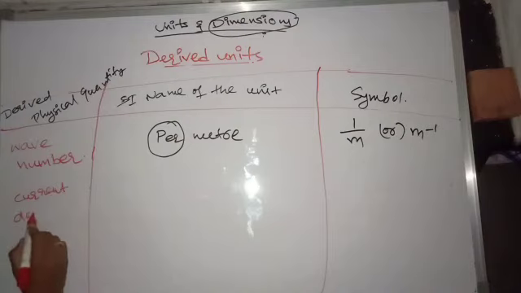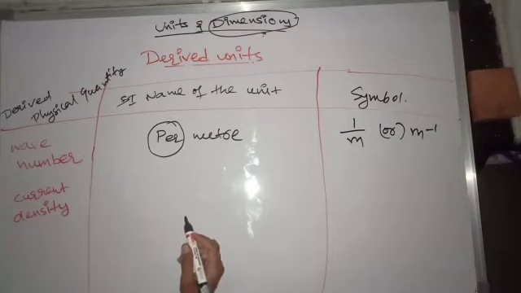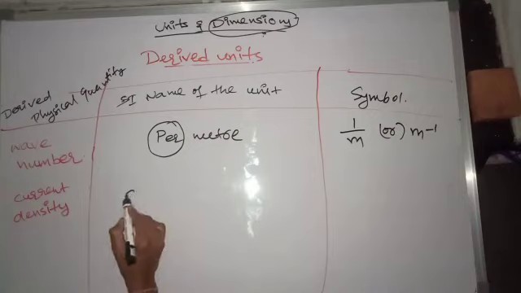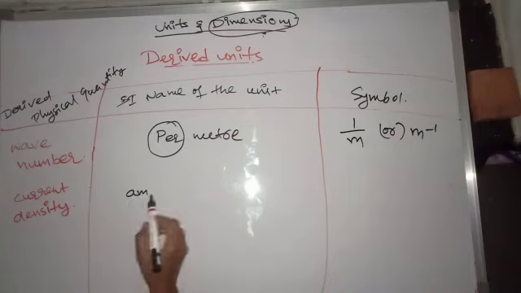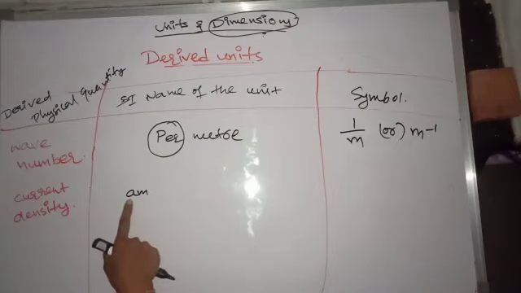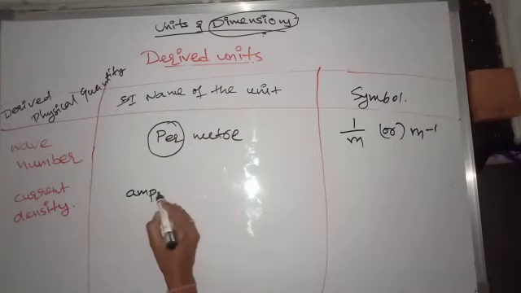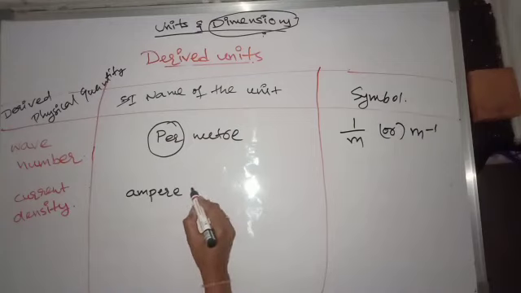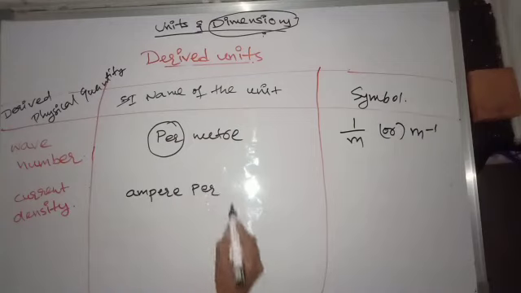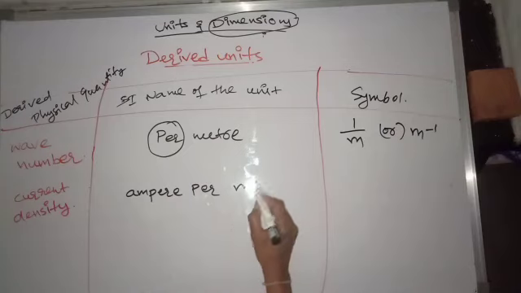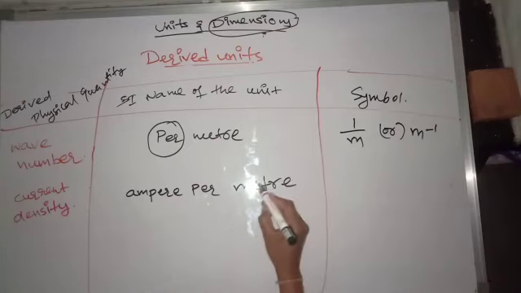Current density, you just please adjust with my handwriting. Current density is measured in terms of ampere per meter squared. The scientist's name you have to write in small letters only.